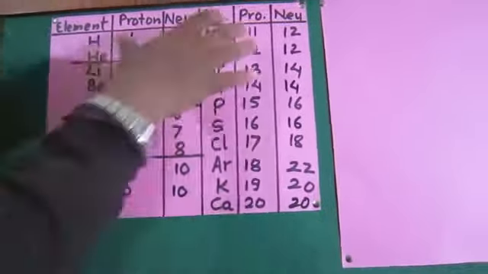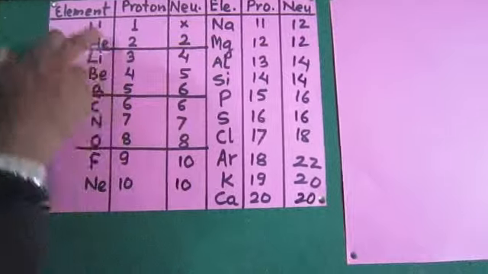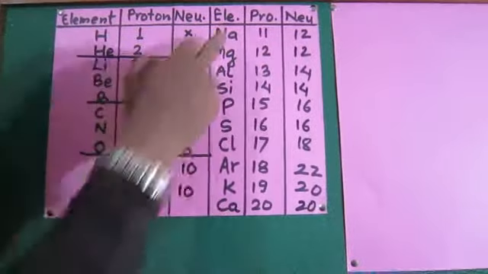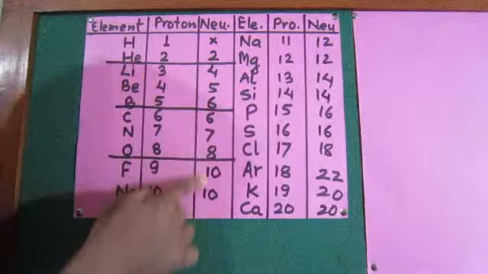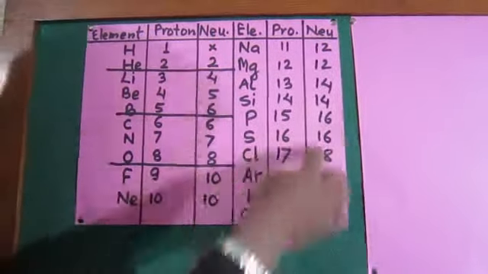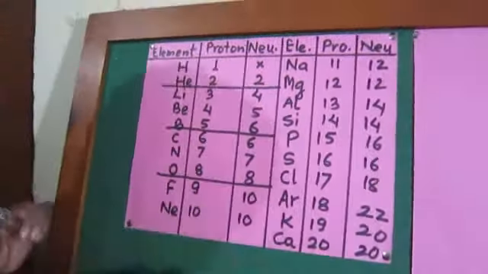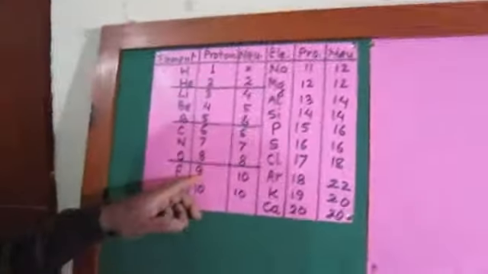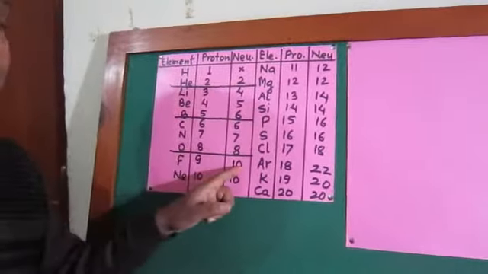Now with the help of this table, if you keep this table in your memory, we know the atomic numbers, there is no problem remembering them. But if you take these numbers in your memory, then you'll be able to find out atomic mass easily. Just for example, fluorine atomic mass is number of protons plus number of neutrons, 9 plus 10, 19.